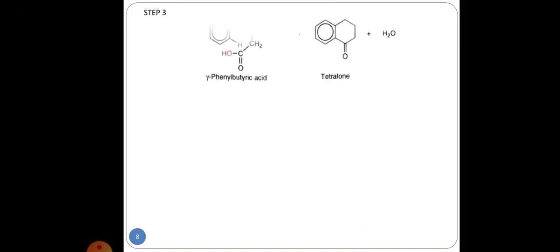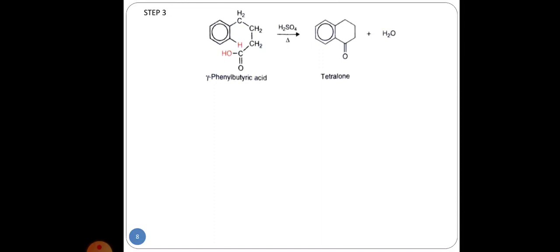In step 3, gamma phenyl butyric acid is heated with concentrated sulfuric acid or polyphosphoric acid to form alpha tetralone. This is a ring closure reaction.